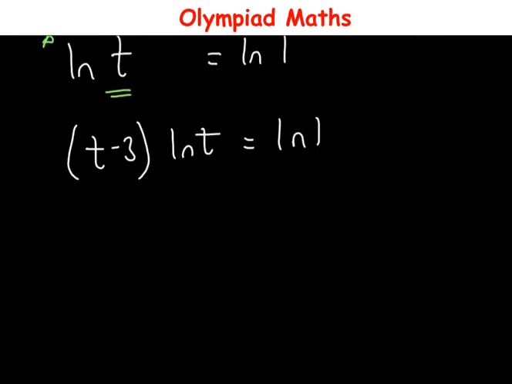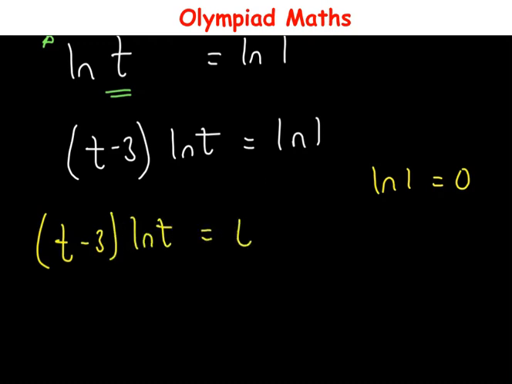With this, the value of ln 1 is equal to 0. So here is equal to 0. This becomes, in brackets, t minus 3 multiplied by ln t is equal to 0.